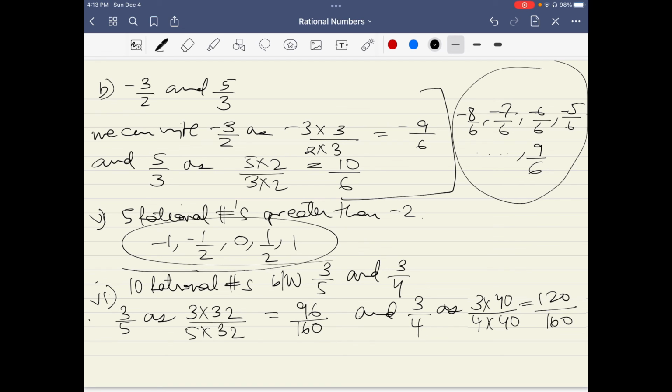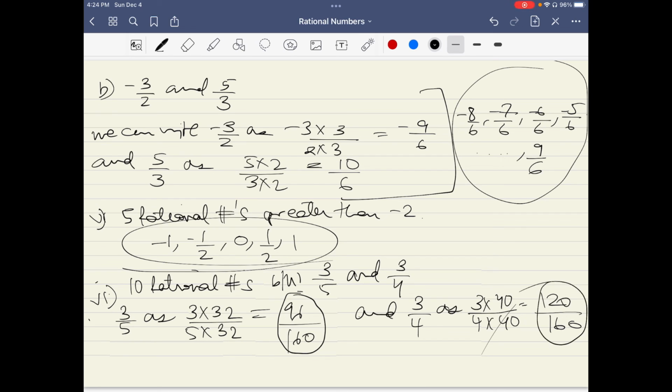Now we see that the denominator is the same. Therefore, we can find 10 rational numbers between 96 over 160 and 120 over 160.